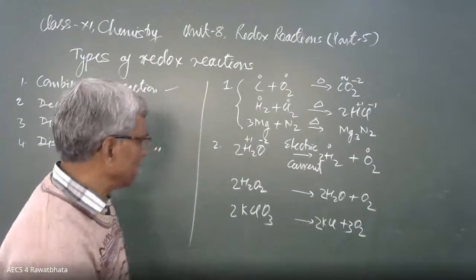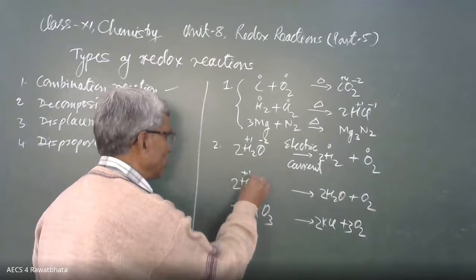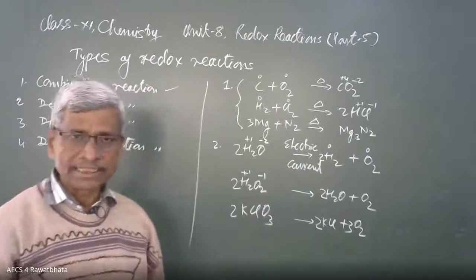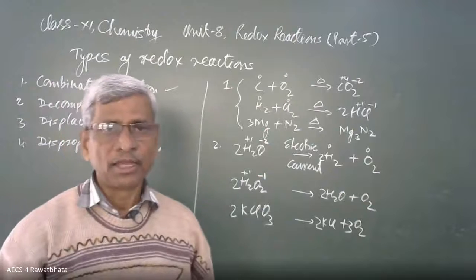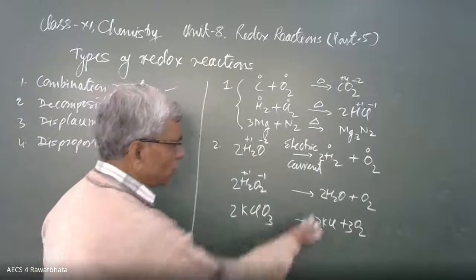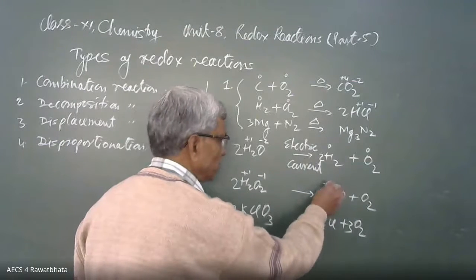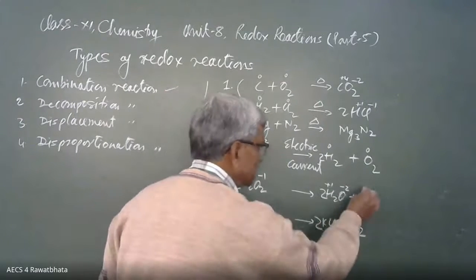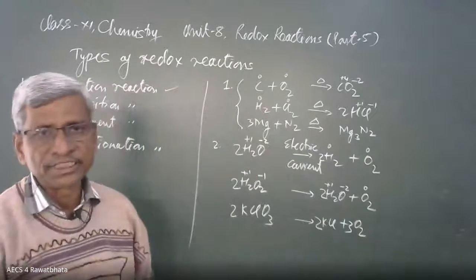Here hydrogen is +1, oxygen is, it is peroxide. In peroxide, oxygen oxidation state is -1, in oxide -2. This is the oxide of hydrogen. Here hydrogen is +1 and oxygen is -2. And here oxygen is 0. Oxygen is going to oxidize and reduce.